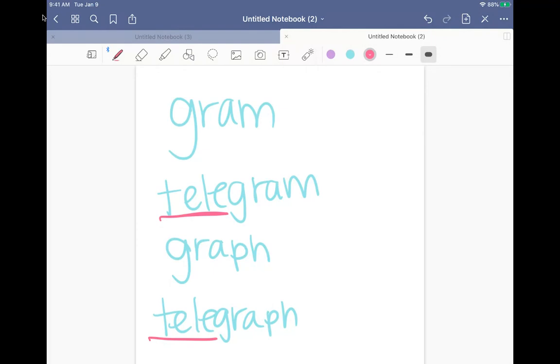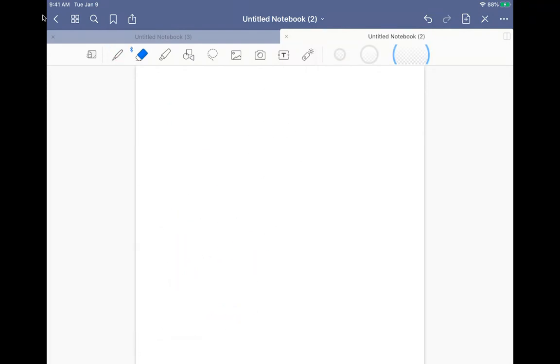All right, if I were to pound and tap these words out, I know that my root is always going to say the same thing, mean the same thing, right? But I could type it telegram. Ooh, root, tele, okay? Then I can write my root, tele, second syllable, gram.